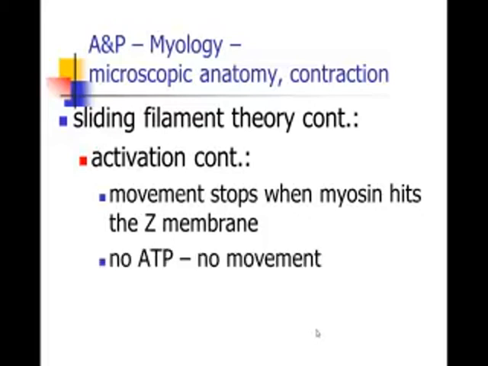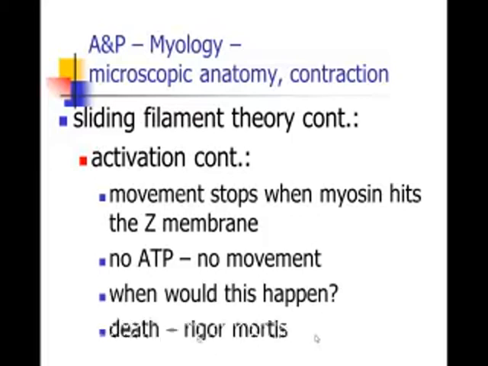If you don't have any ATP, there won't be any movement. So you might wonder, when would an individual not have ATP? And the answer would be when they are dead. Yep. Some of you have undoubtedly heard of rigor mortis. If a person dies, ATP is no longer being produced in the cells, and the muscle cells basically lock up and don't move.